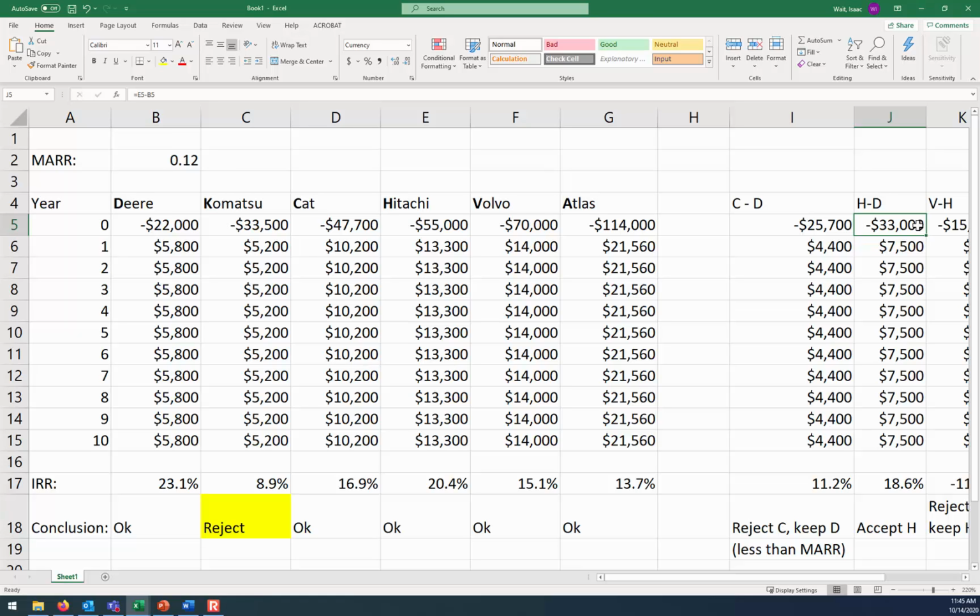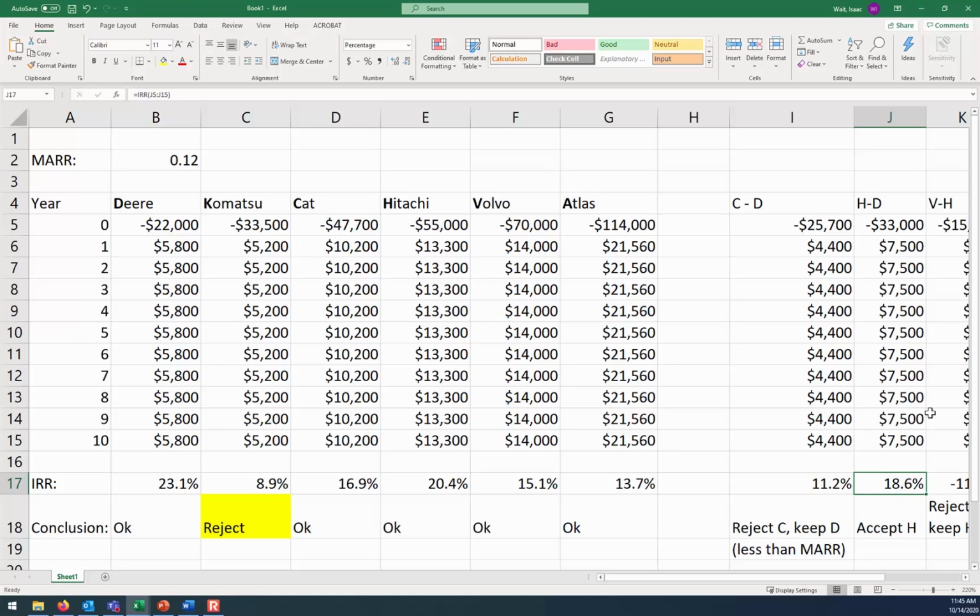That additional $33,000 is earning a return of 18.6%. So if you can go to a bank and borrow money at 12%, and then you earn 18% on that money that you just borrowed, you should absolutely take that deal. So we go ahead with Hitachi.